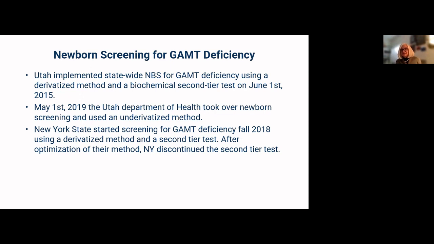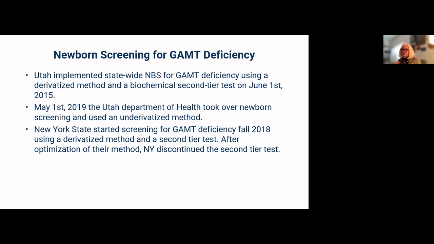In 2019, roughly 4 years later, the Utah Department of Health took over newborn screening, and they continued the screening for GAMT deficiency, but now they used an underivatized method. New York State started screening for GAMT deficiency in the fall of 2018. They used the derivatized method and the second-tier test. After optimization of the method, they discontinued the second-tier test.